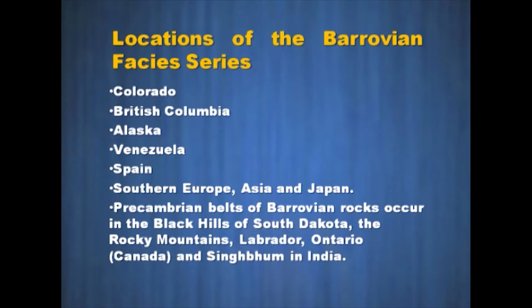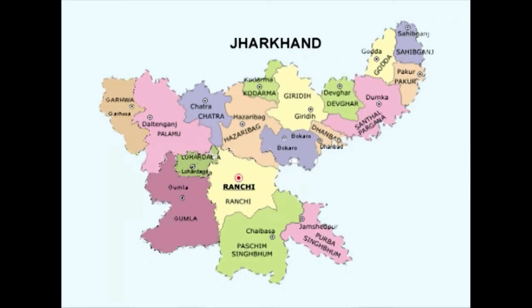Precambrian belts of Barrovian rocks occur in the Black Hills of South Dakota, the Rocky Mountains, Labrador, Ontario, Canada and Singhbhum in India. The Paleozoic orogenic belts are clearly associated with convergent plate margins. Both Barrovian and Buchan phases series developed at such margins.